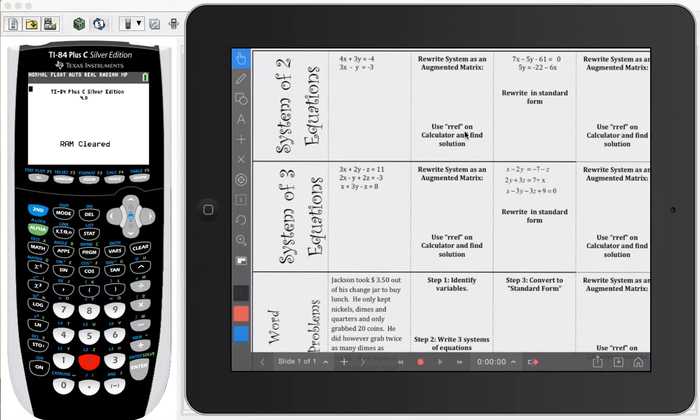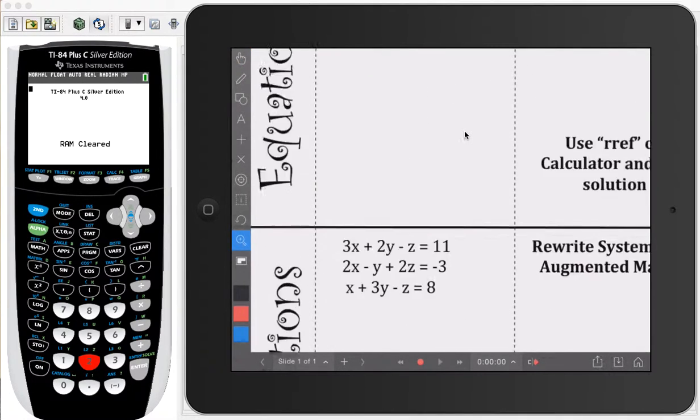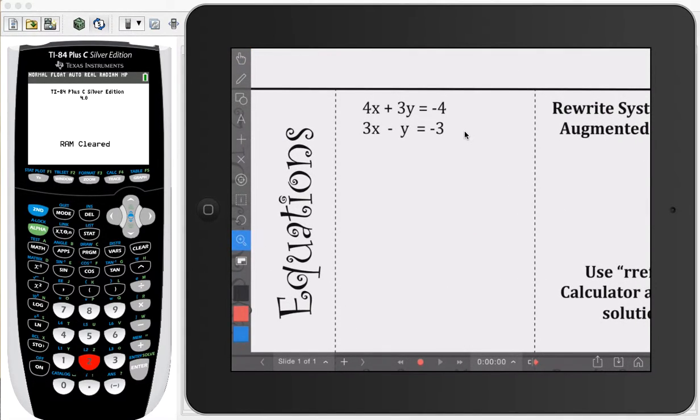Let's look at the first system, which is made up of two different equations. The first step is to check if your equations are written in standard form, which means that the variables are on one side of the equation and the constant is on the other.